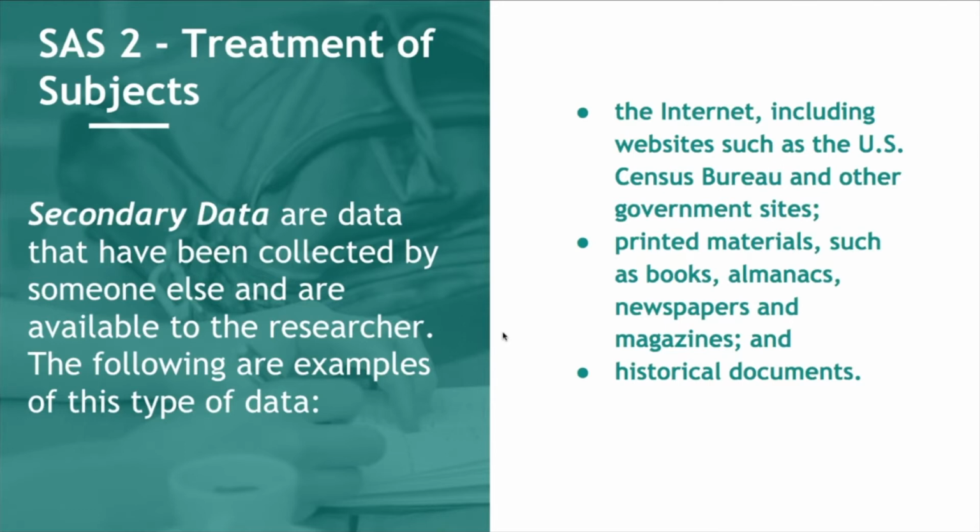So when we go on the internet and we collect information or data, we need to include websites that are trustworthy, such as the U.S. Census Bureau or other government sites. I would also include certain learning facilities, colleges and universities, printed materials such as books, almanacs, newspapers, and magazines. And of course, historical documents.